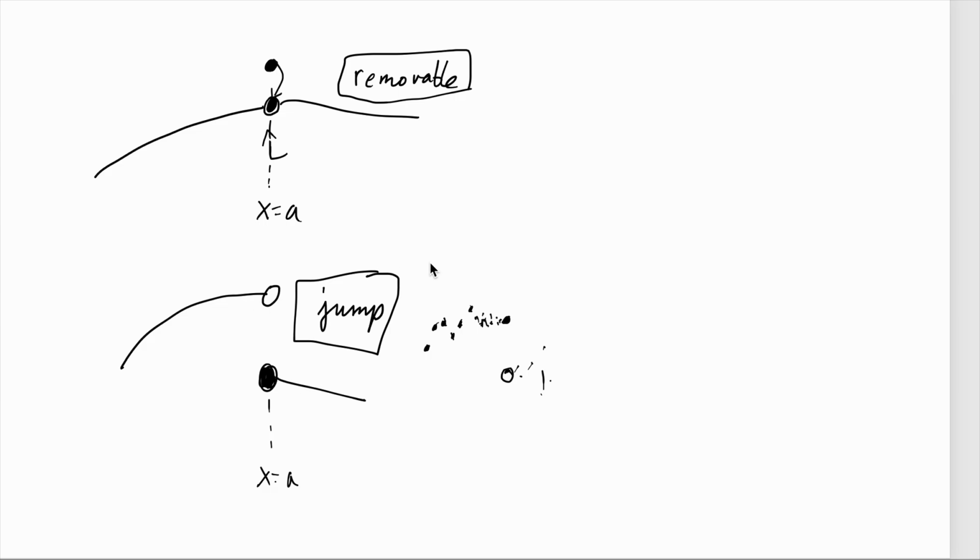And sometimes people call things like this, going up one way forever and going down the other way forever, an infinite discontinuity. Really, if I put a point right here, then I would say that the function is discontinuous right here just because it's defined there.